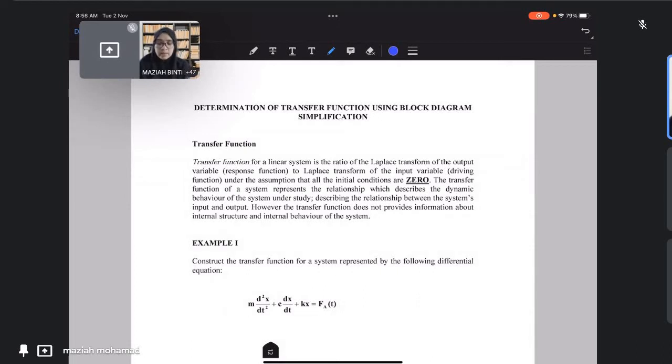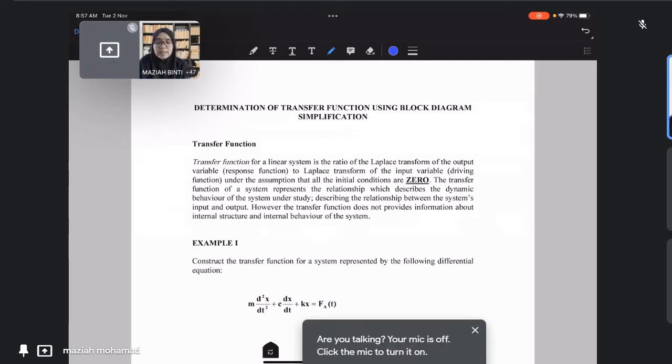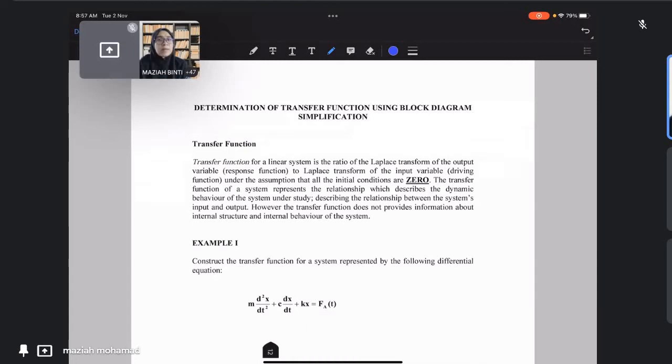So just now I already introduced to you the transfer function, in a detailed manner, in a correct way. The transfer function is a relationship between the input and output, and normally it is in terms of a linear model.